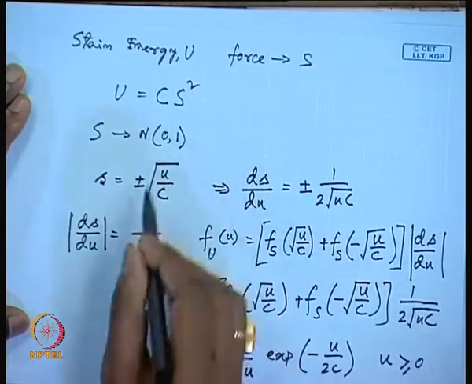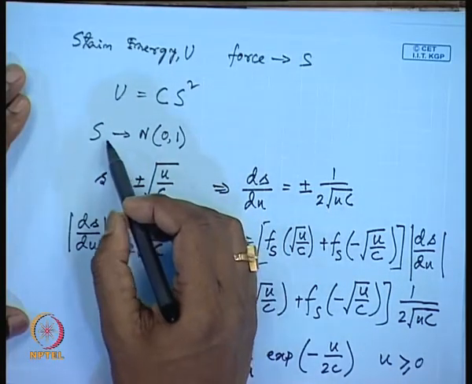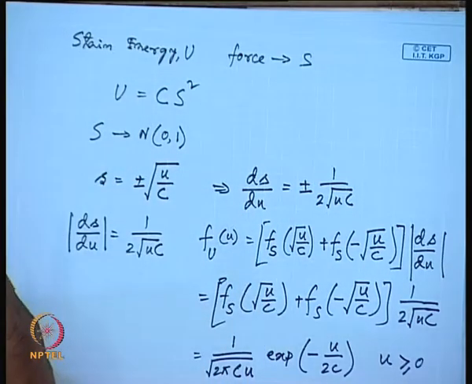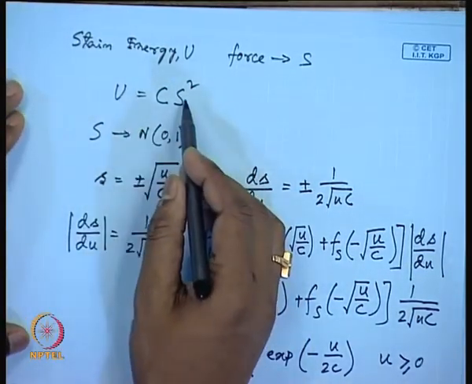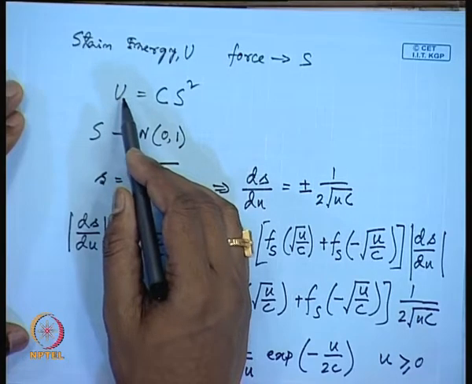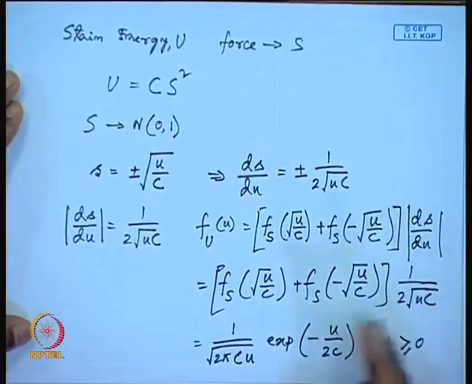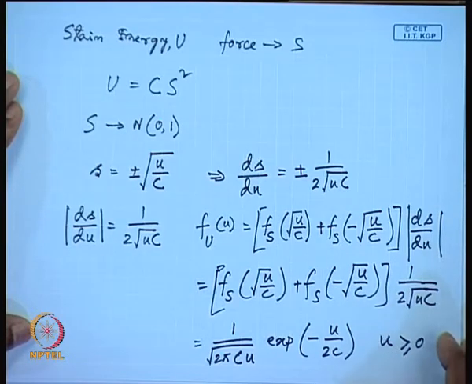So, we have seen that when S is a standard normal variable, the square of it gives a new random variable, which is a chi-square type distribution with 1 degree of freedom, and its support is u greater than or equal to 0.